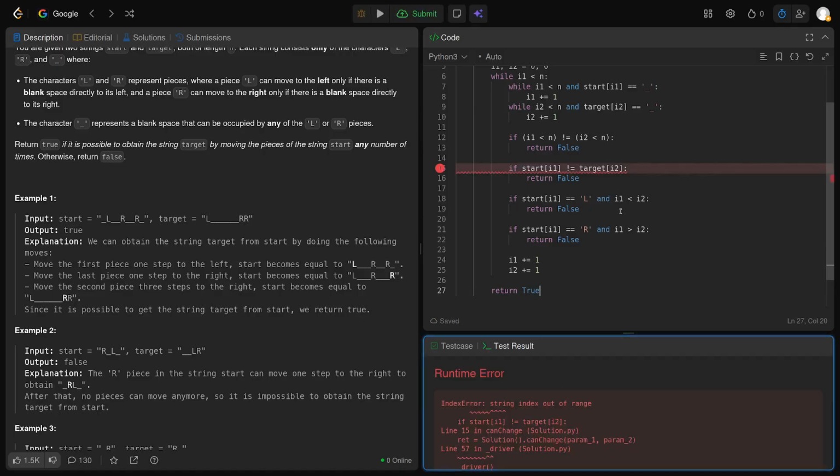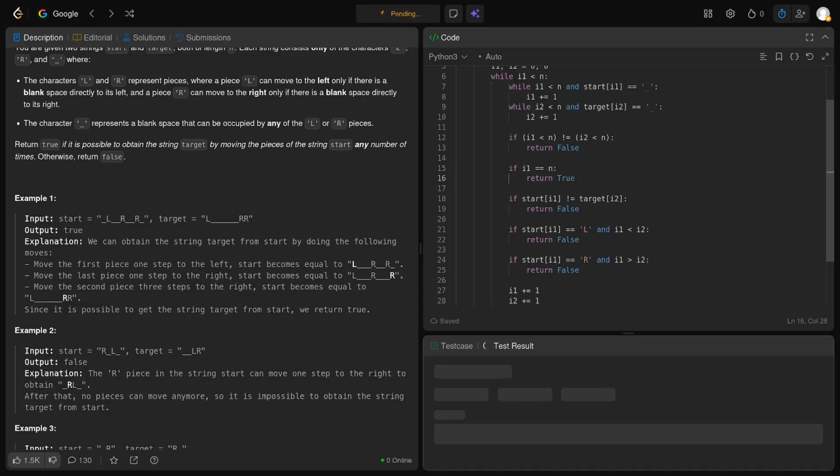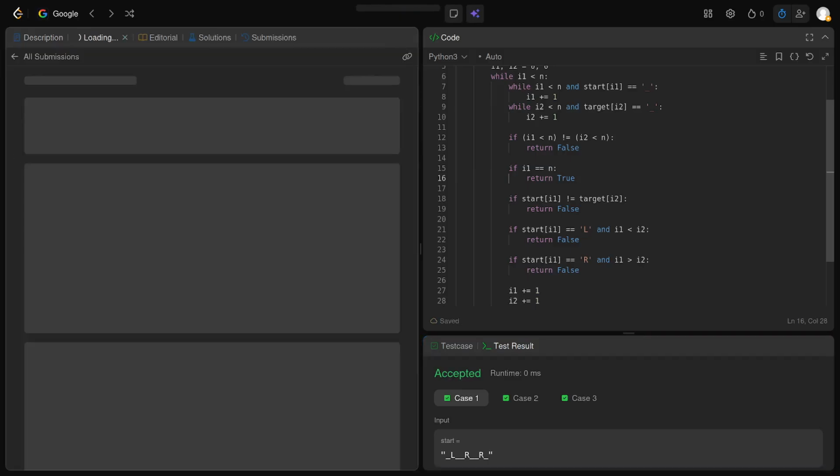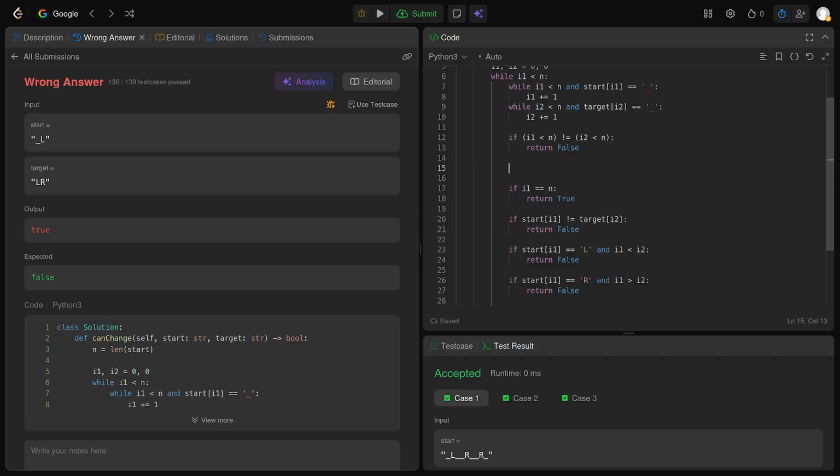It should work, I guess. If I1 like that, okay, that should work. No, okay, interesting. Output true, how is it possible?